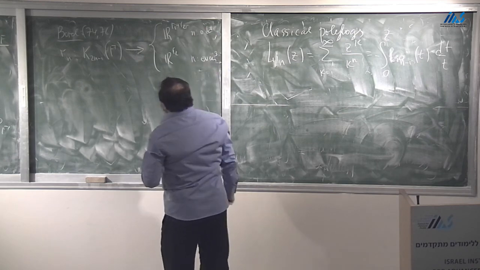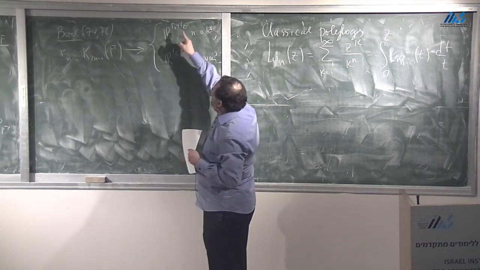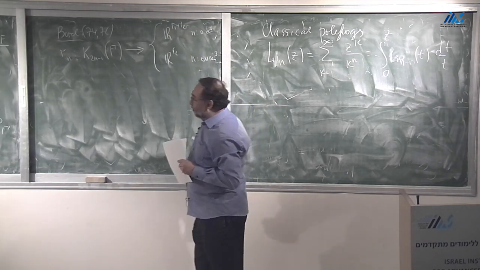And then it says that the rank of this group is precisely the dimension of one of these vector spaces.